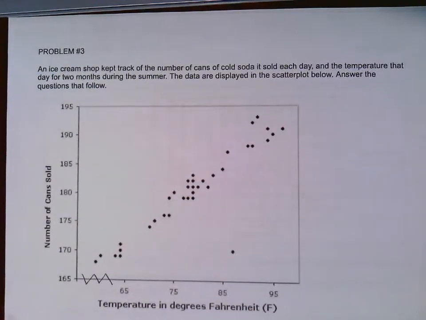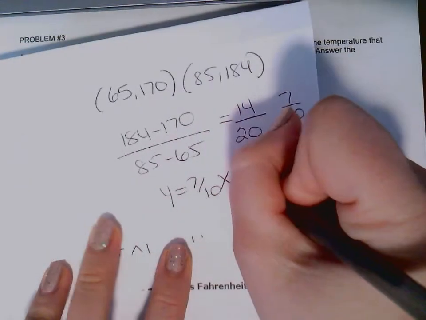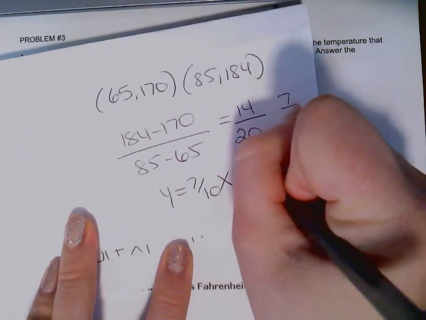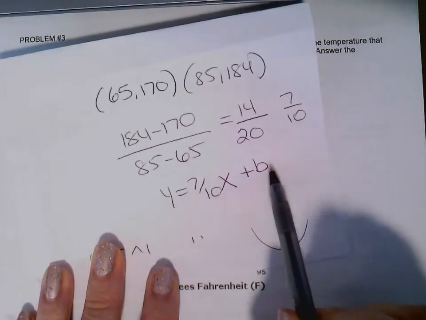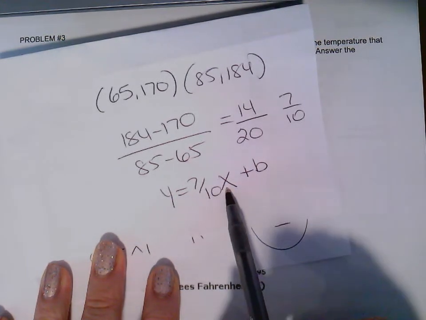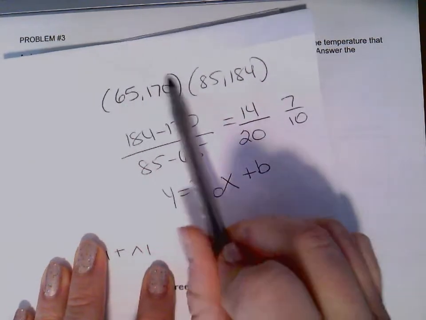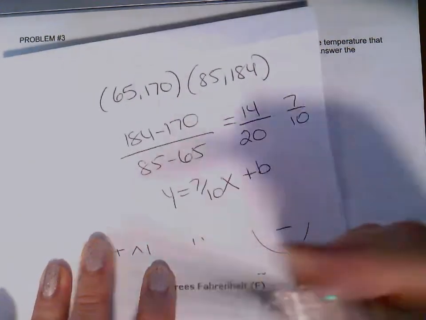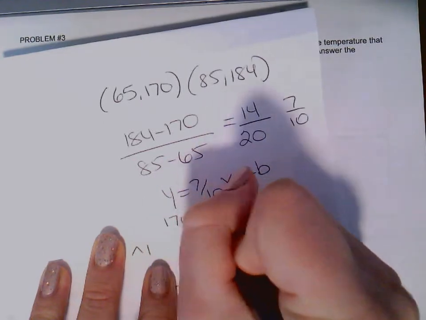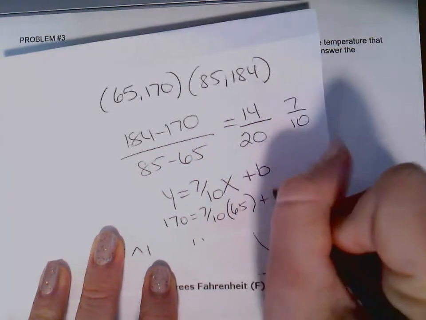So to find out your y-intercept, here is a way to do that from Algebra 1. Pretend that you don't know your y-intercept. So y equals 7/10 x, that's the slope, plus b. You're going to plug in one of the points that you know. So I know that when y is 170, my line of best fit is at 65.